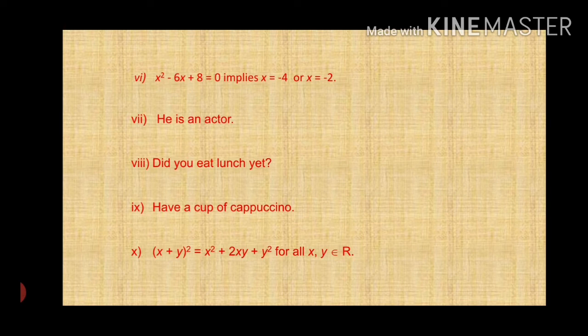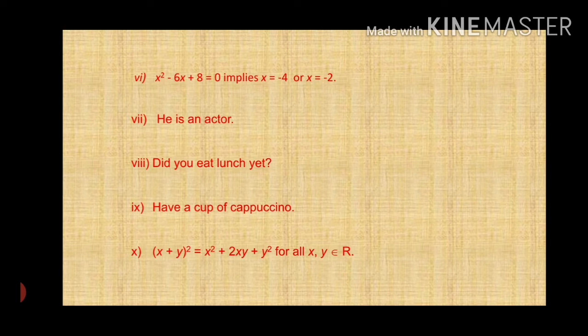So you can say 4 2s are 8. But now the sign for this middle term is minus. That means this will be x square minus 4x minus 2x plus 8 is equal to 0. That means when you factorize, you will get x minus 4 into x minus 2 is equal to 0. So x is equal to 4 or x is equal to 2.